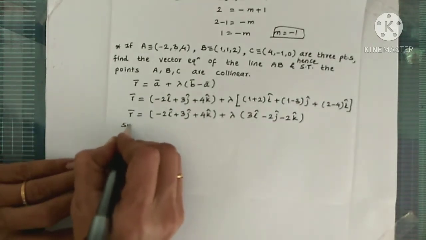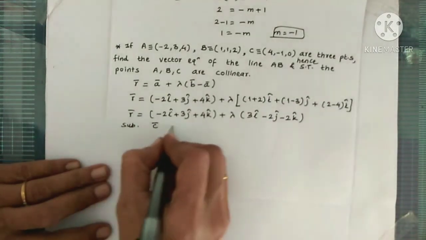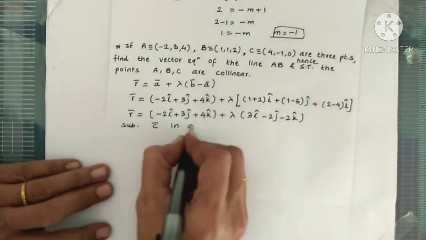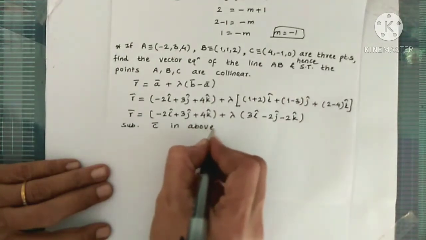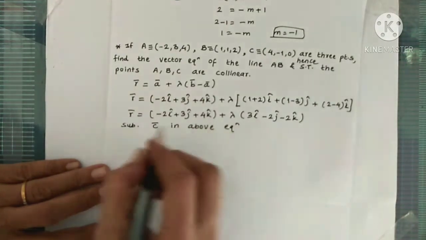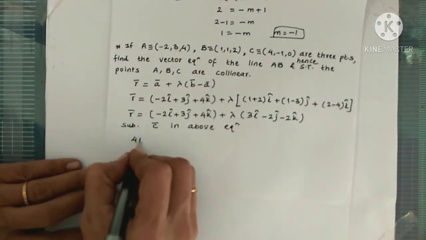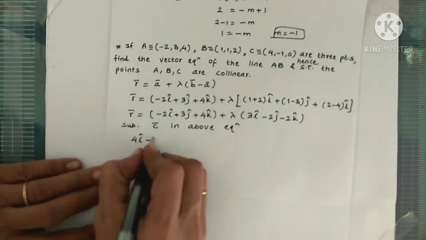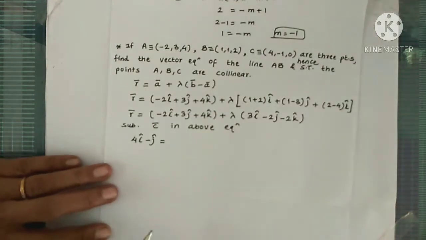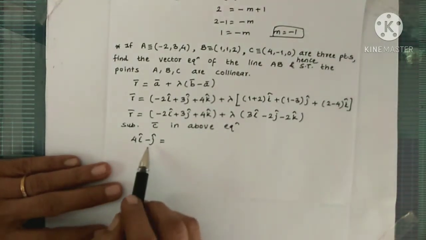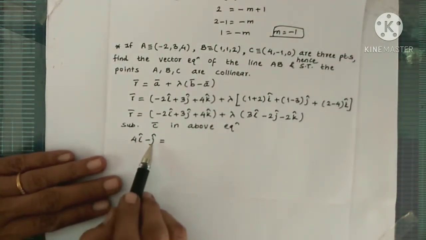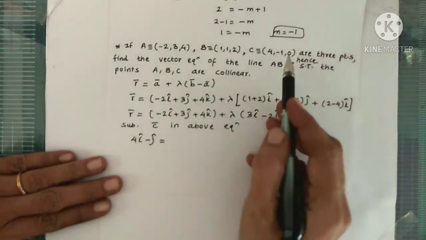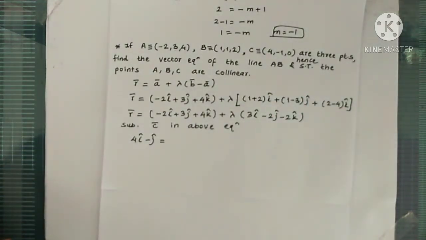So substituting c bar in the above equation, we have 4 i cap minus j cap equal to. Now, as we have one term in i cap and one term in j cap, and z is 0 here, the term in k cap is absent.